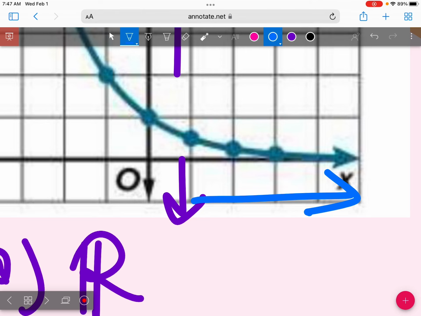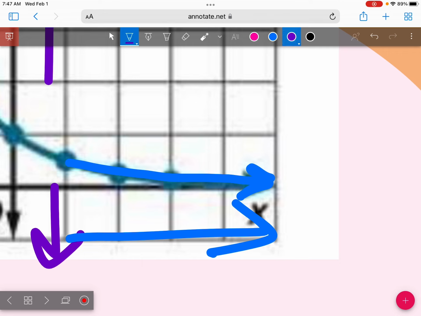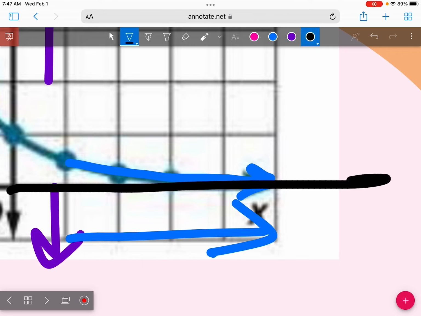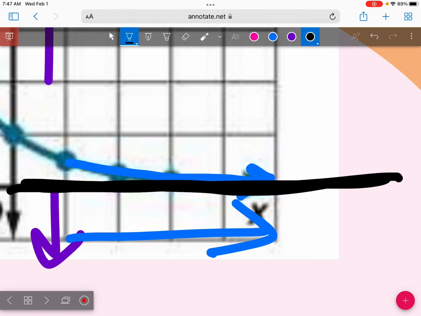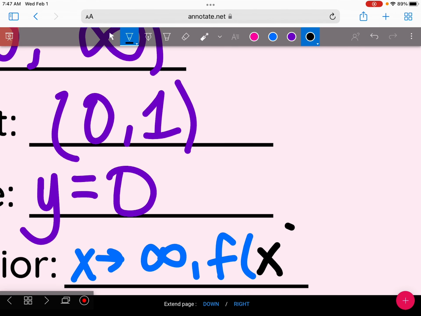What's that line keep continuing getting closer to? 0. Do you guys see this? As this line continues on towards positive x's, it's going to keep getting closer to 0, which is that black line I just drew. Okay? Does that make sense? So as x approaches infinity, f of x approaches 0.